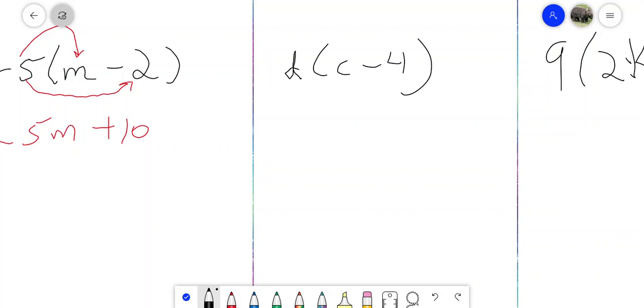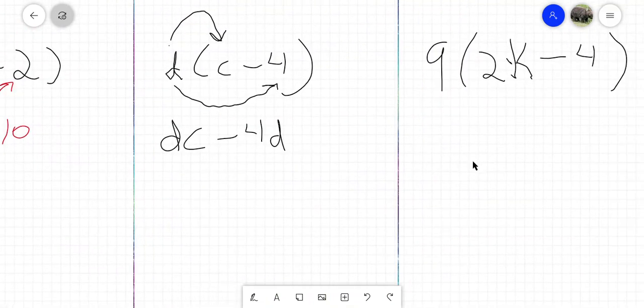We're going to treat d just like any old number, and we're going to distribute it into the parentheses. So d times c, we just write as dc. And d times negative 4 is negative 4d. Notice how we have simplified the expression and we don't have any parentheses. That means we're good.